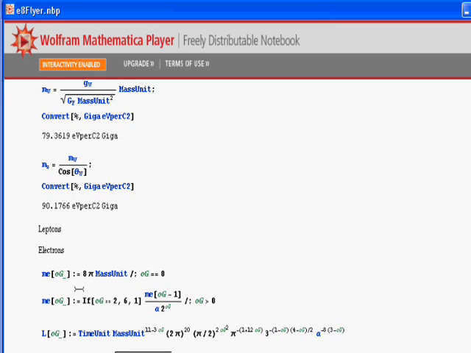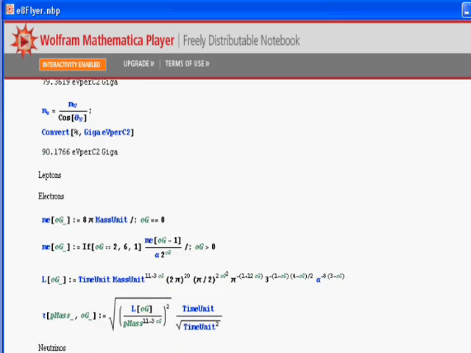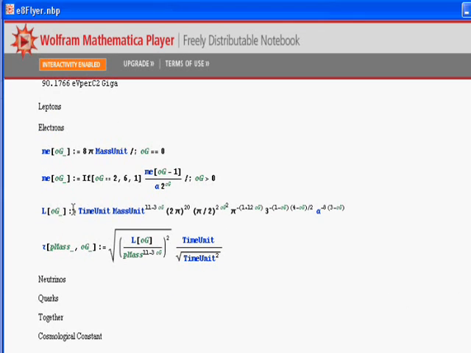The mass of the electron is dependent on the generation, and so the calculation is shown here. It's relatively simple. It's all based on the generation that the particle is in will define which mass it gets, and the lifetime here is dependent on that mass. So calculating the neutrinos is really just the inverse of that electron divided by a mass unit squared.